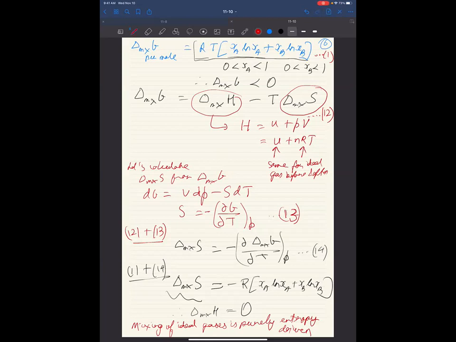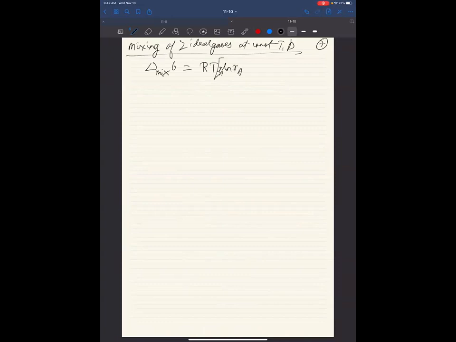So let me recapitulate what we have shown for ideal gases. These are the key results today, and then I will make some plots, and then we are done. So we have talked about mixing of two ideal gases at constant temperature and pressure. What did we derive? Delta mixing G is equal to RT times (XA ln XA plus XB ln XB).